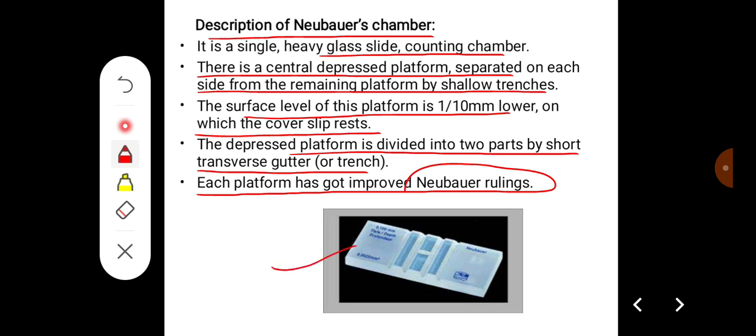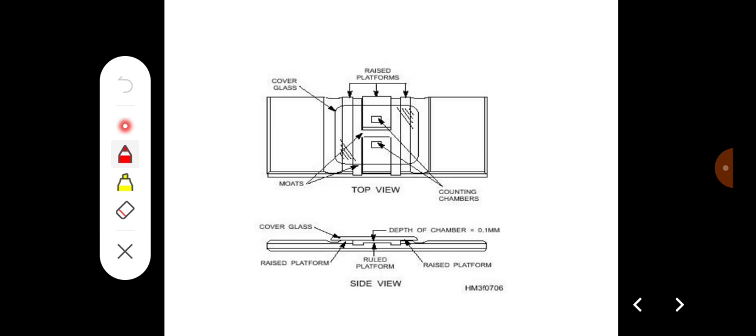So this is how the Neubauer's chamber looks. There is an H-shaped groove, and in between you have depressed central platforms on which the Neubauer ruled areas are etched. So this is the top view of Neubauer's chamber with the H-shaped groove and the central platform, which are a little depressed, and you can see the etched Neubauer's ruled areas.